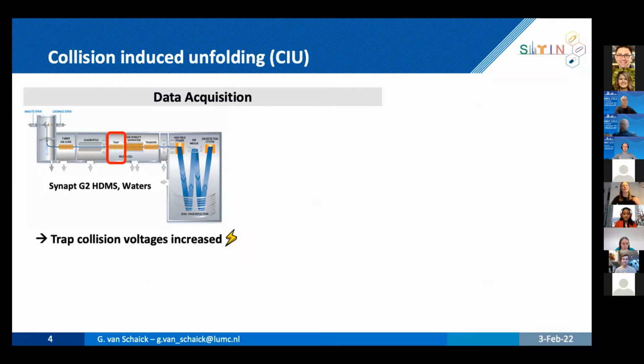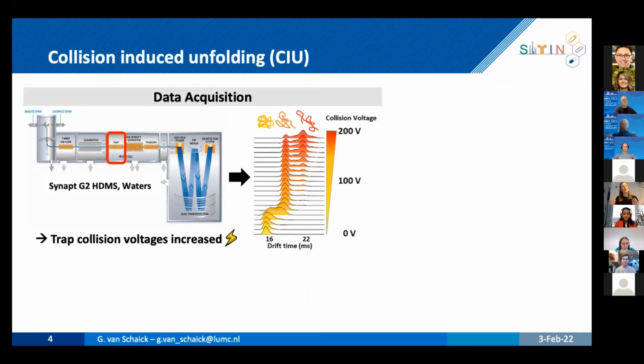And here we increase the voltage in the trap before the ion mobility cell. So in this example, we increase the voltage from 0, which is the ground state, as we also measure with just normal ion mobility, to 200 volts, where you can already see that the protein gets unfolded.